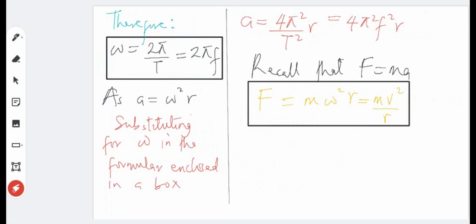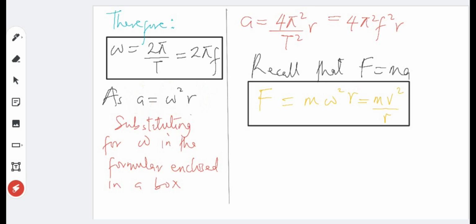Now we've already established in our previous work that the acceleration, that's a, is equal to omega squared r. That's in our previous recordings.